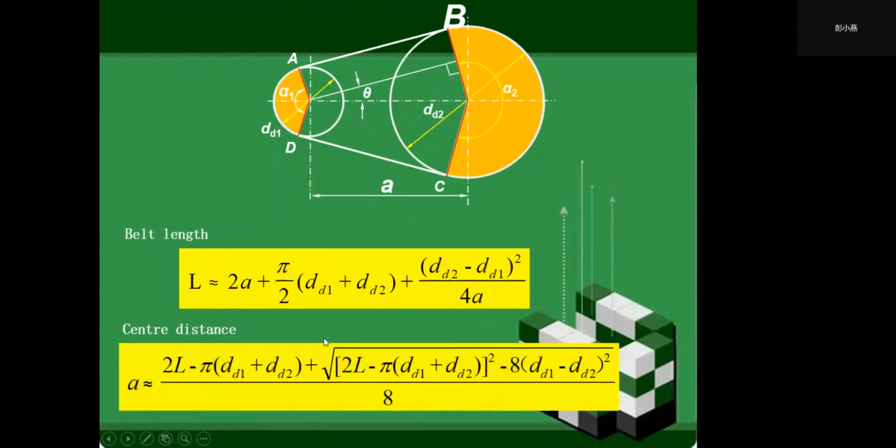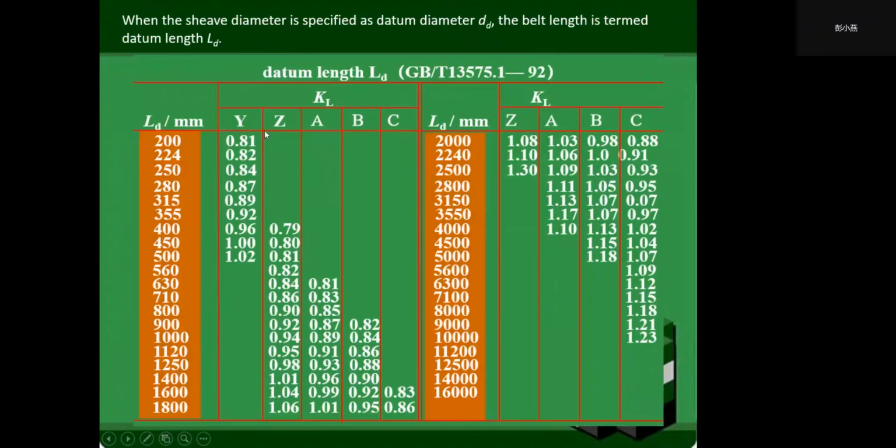And then we can calculate the center distance a from this equation because dd2, dd1, and the belt length are standard. We can choose standard values for dd2, dd1, and belt length.